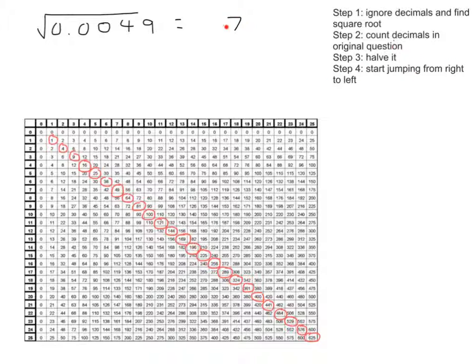Okay, so we're going to jump twice because remember we counted 4 decimals and we halve it, which is 2, and now we start jumping from right to left. So we start over here, we jump once, and then again twice. And this is where we put our decimal. Now we put a 0 underneath the little bridge there. So now our final answer will look like 0.07.